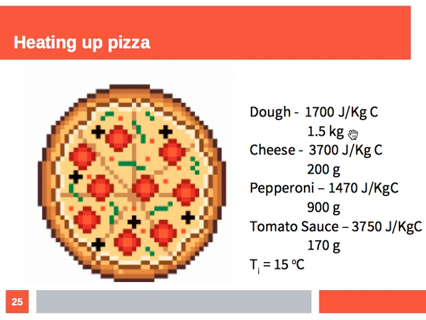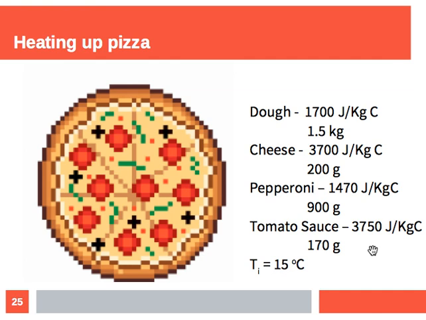Alrighty, so something that we can mention here is that the tomato sauce and the cheese have the highest of the specific heats. That's very important, guys, because if you remember from your biology classes, or from regular life or your experiences, tomato sauce is made up pretty much of water.